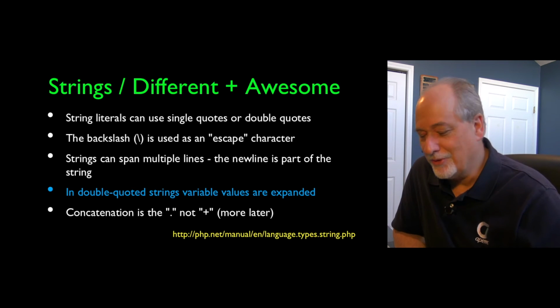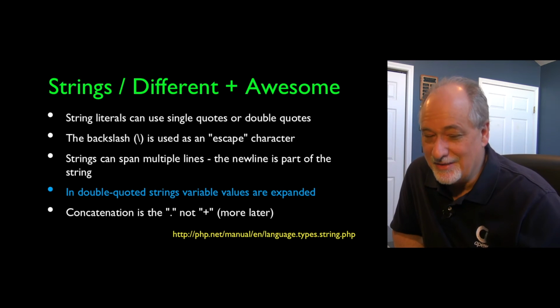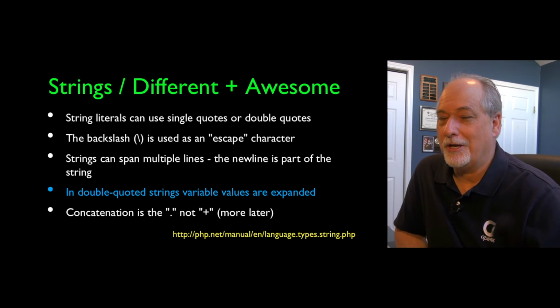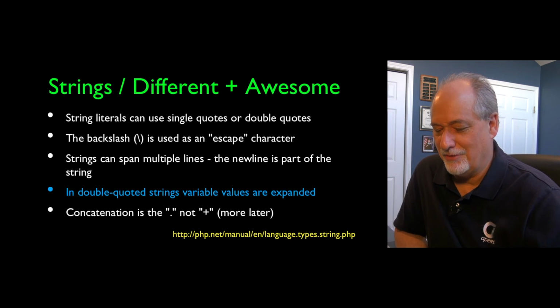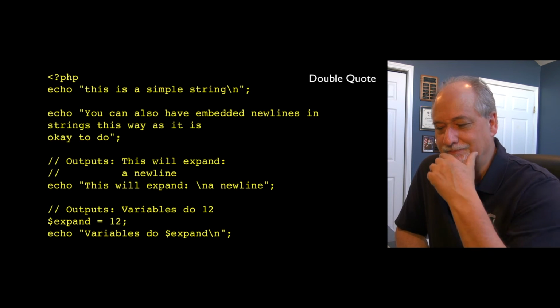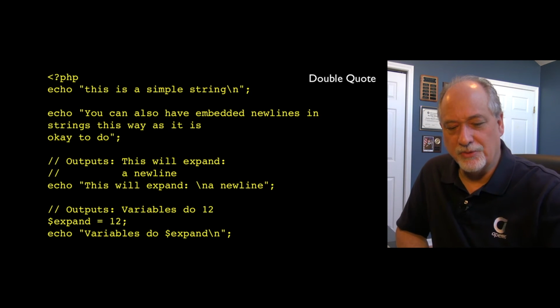And I like the double quoted strings, but you've got to be responsible when you use the quick and dirty $ sign substitution in double quoted strings. Again, with great power comes great responsibility. Here are some examples of double quotes.